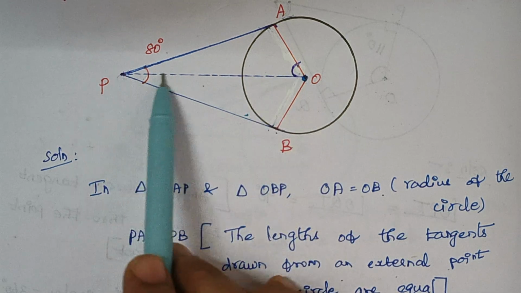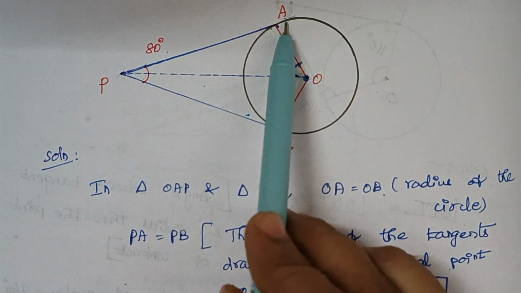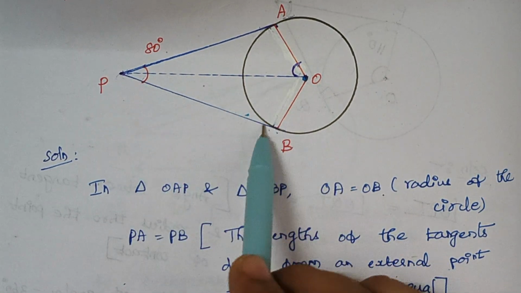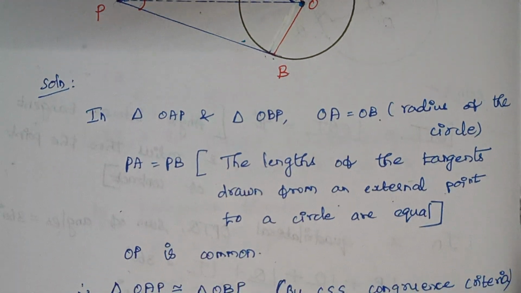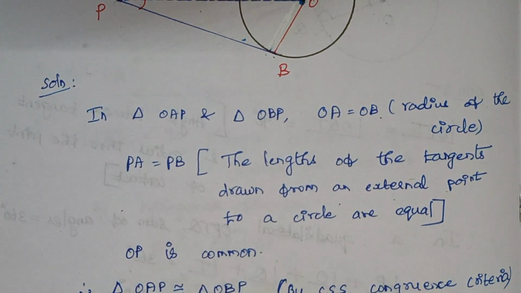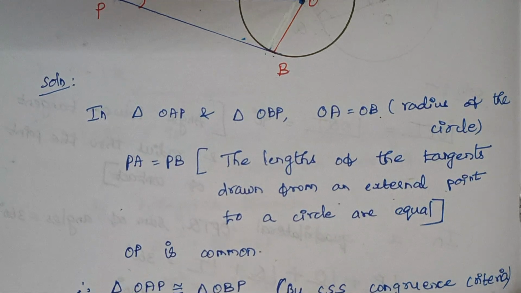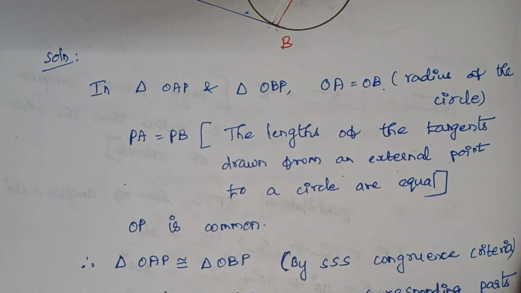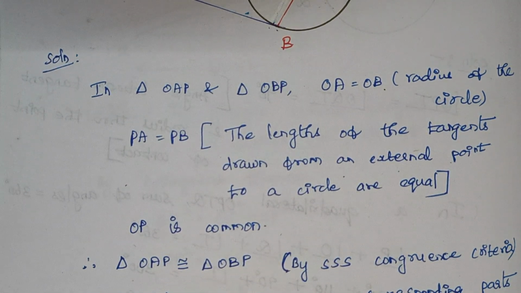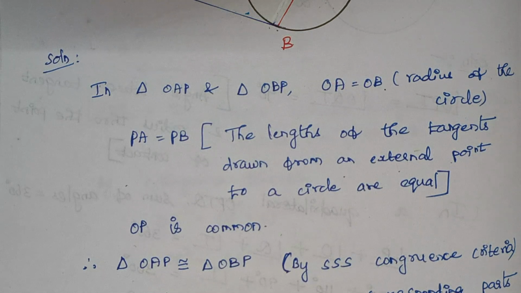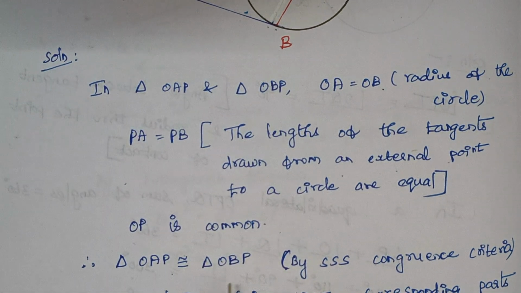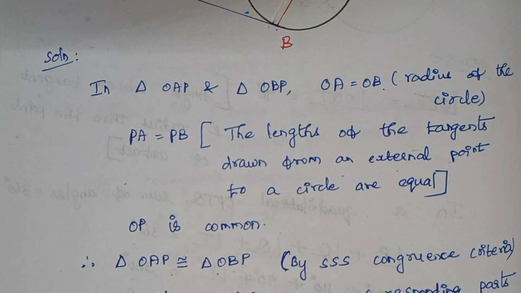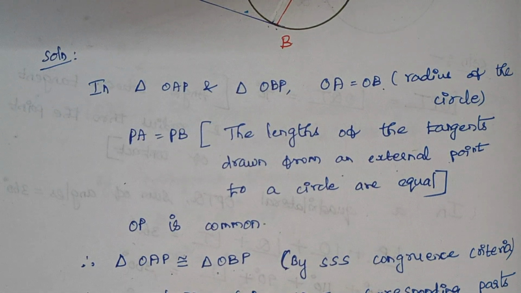This OP is common for this triangle as well as for this triangle, so just make a note of it. OP is common. So all three sides of one triangle are equal to the three sides of the other triangle. So triangle OAP is congruent to triangle OBP.